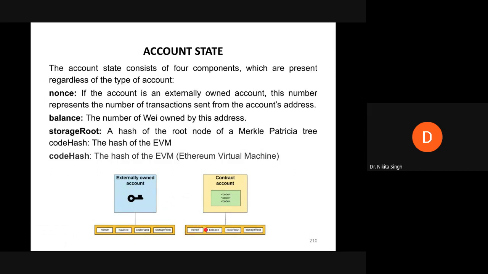Here what this nonce means is the number of contracts that have been created by this contract account. You get the difference. With respect to an externally owned account, nonce represents the number of transactions sent from that account's address. But if the account is a contract account, then nonce is the number of contracts created by the account.